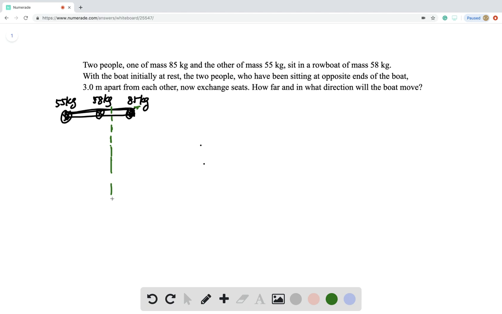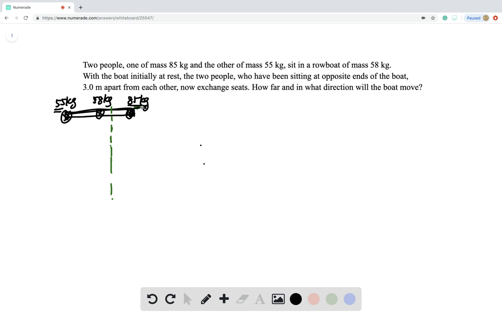So what happens after the exchange of seats is that the center of mass will not move because it's an isolated system. But now the 85 kilogram person will be here, and the 55 kilogram person will be here.